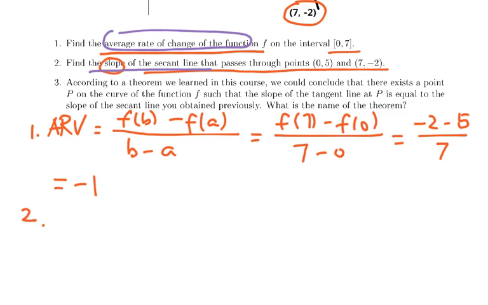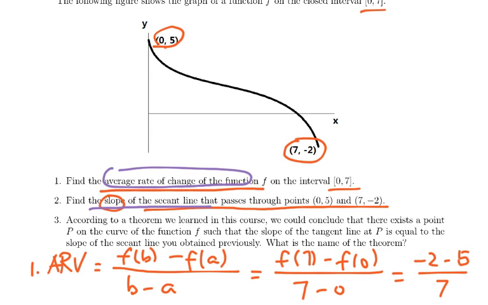Because we already found the average rate of change of f from 0 to 7 is equal to -1, the slope of the secant line through (0, 5) and (7, -2) is also equal to -1. This secant line is the straight line connecting the two endpoints, the straight line in purple.